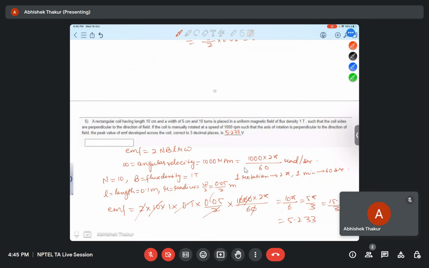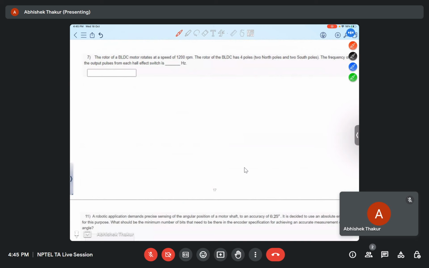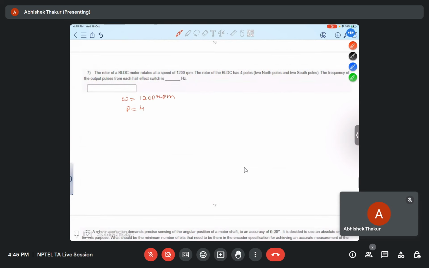So in this question it is given the rotor of a brushless DC motor rotates at a speed of 1200 rotations per minute. So omega is equal to 1200 rotations per minute. And the rotor of the brushless DC motor has four poles. So pole is equal to four, two north poles and two south poles. The frequency of the output pulse for each Hall effect switch is in hertz.